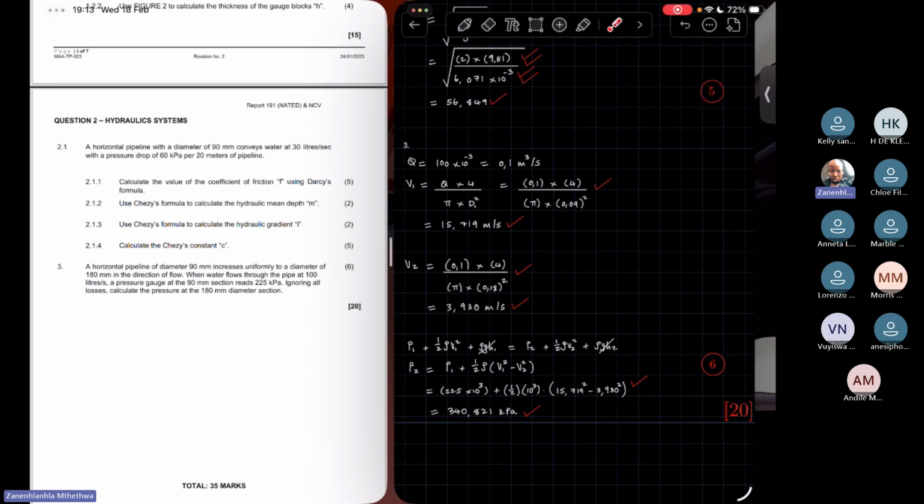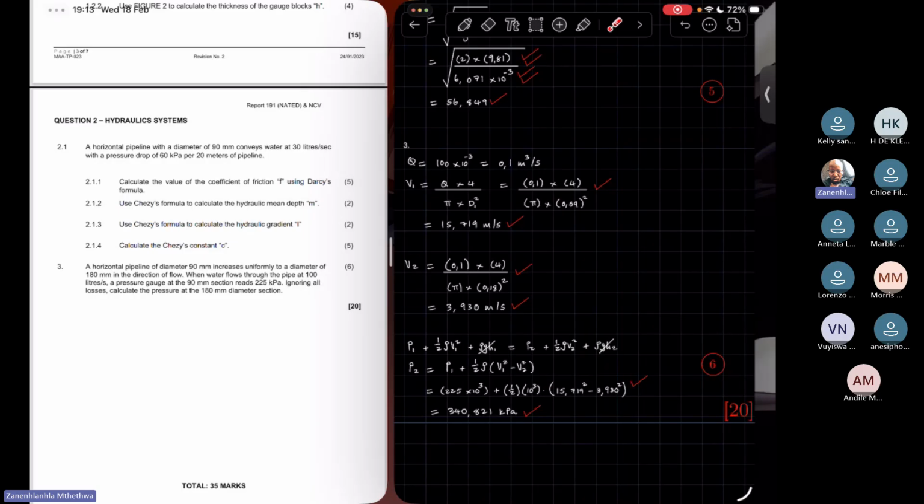So in calculating V1, you have to use the diameter at inlet, D1, which is 0.09 meters. In doing so, we get V1 as 15.719 meters per second.